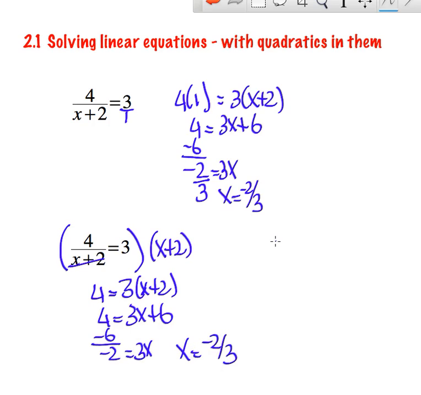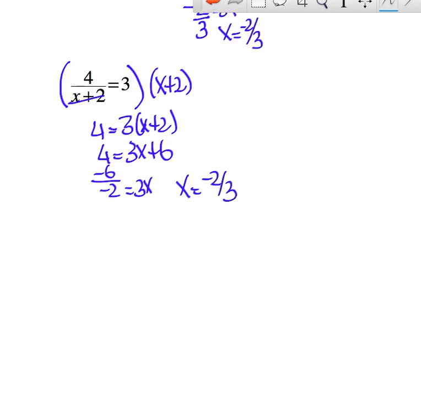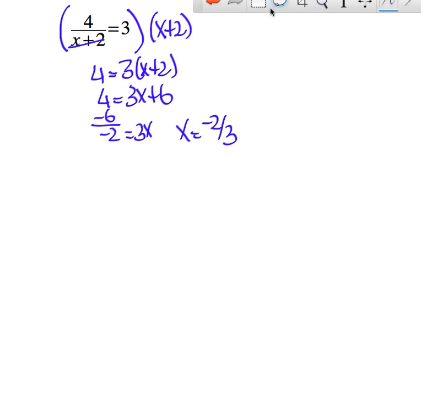So that would be one type that you might see, or that you will see in your homework. There's some other problems that you should be able to do. And they initially look like quadratics, so they'll have a square in them, but sort of a fake quadratic. So this one's already set up for you to cross multiply.